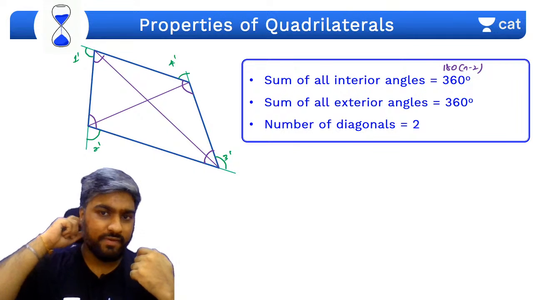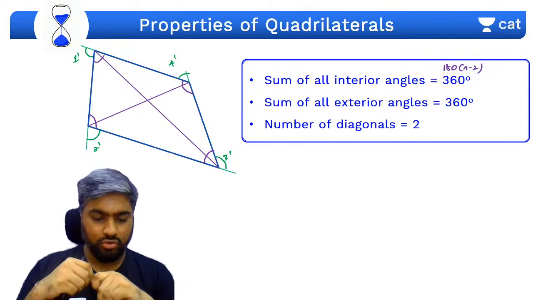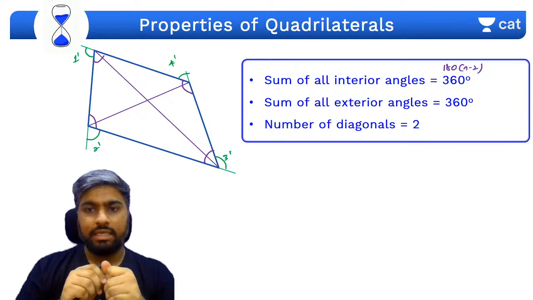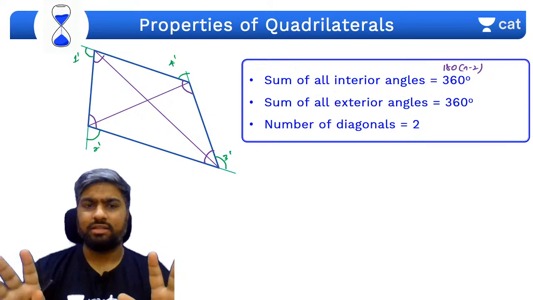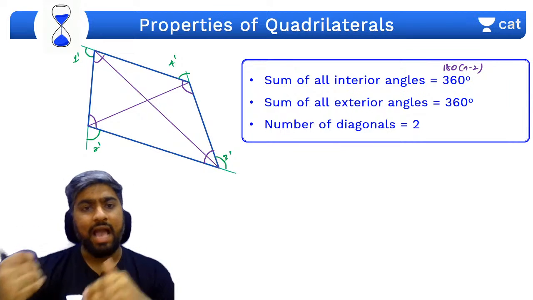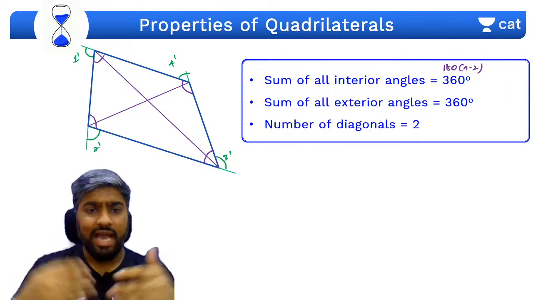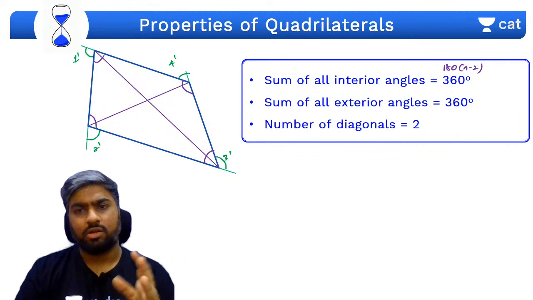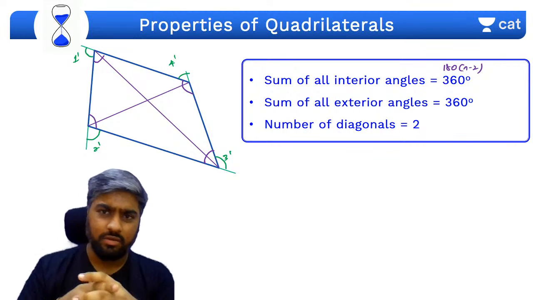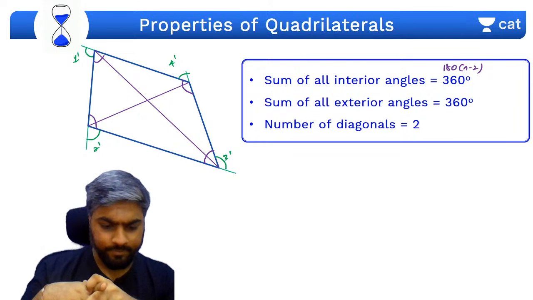And there will always be a fixed number of diagonals, that is 2. Cool? Any issues, any questions, confusions here? This is a general statement. Now about sides, angles, the length of diagonals, the angle at which they bisect, all these we will talk about when we go into each individual quadrilateral.